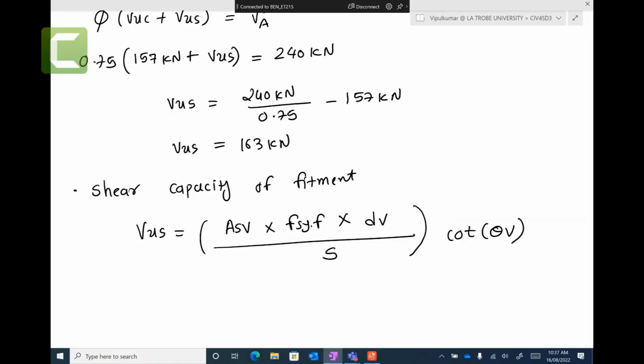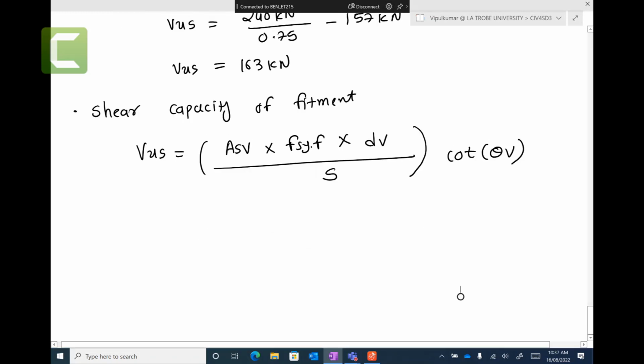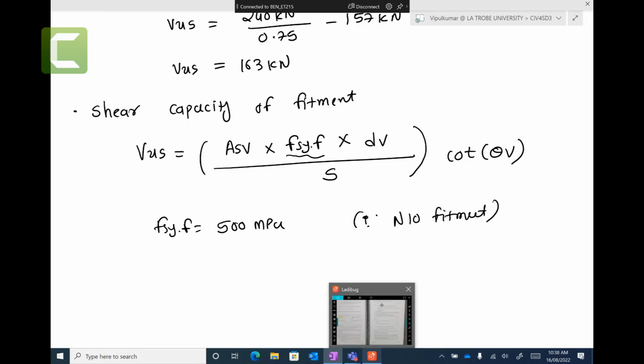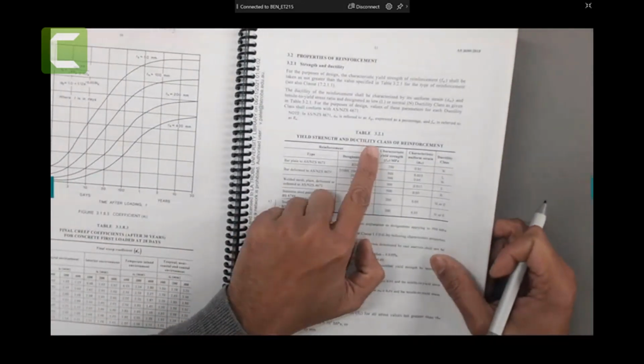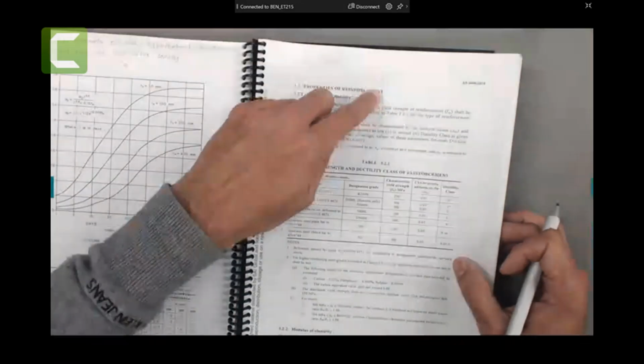So we have all the values except a few things. FSY.F is 500 megapascals because we are using N10 fitments, and I can show it to you in the standards, probably somewhere here on the tables. I think here you go, table 3.2.1 on page number 51.